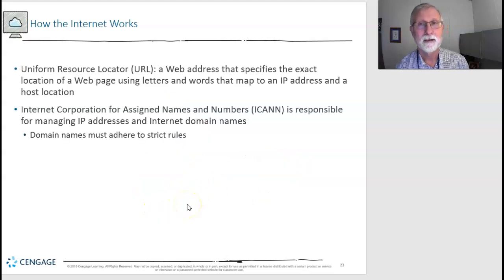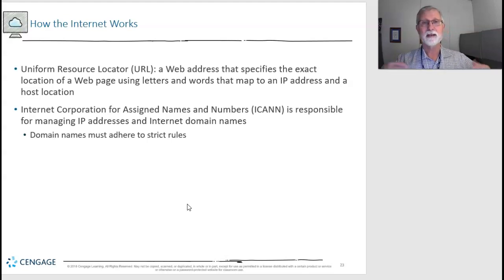Now, we all type a web address into a Google search. That's basically called a uniform resource locator, so it's basically just a web address. It maps the name you type in to an IP address and a host location. If we got far enough down into it, it would know exactly which computer on that company's network it had.